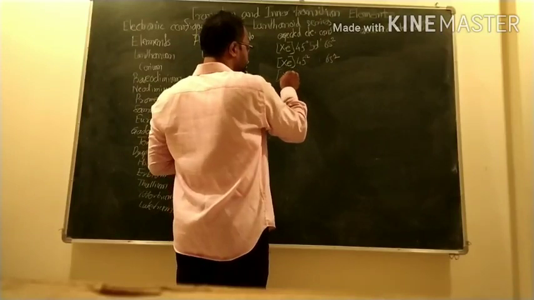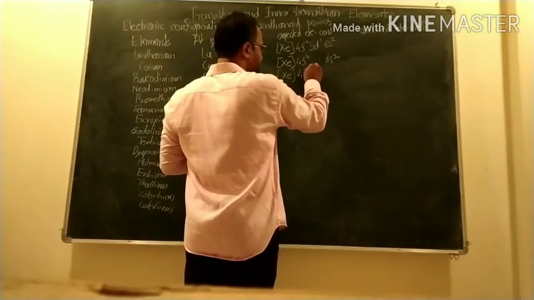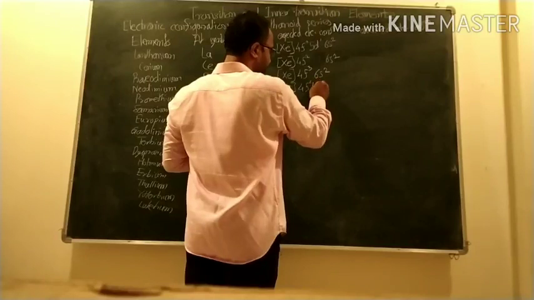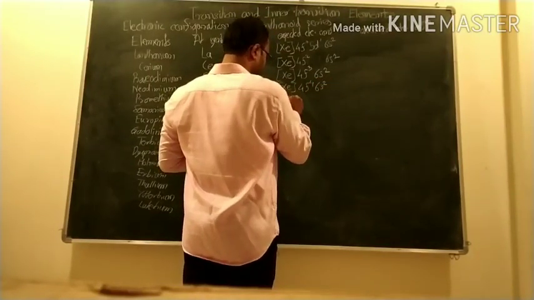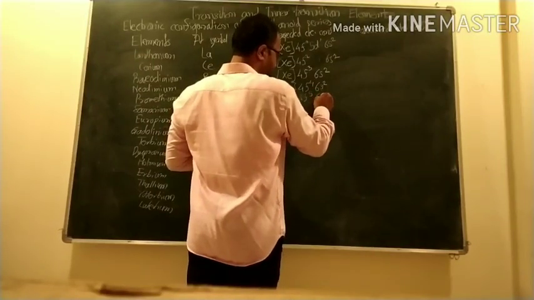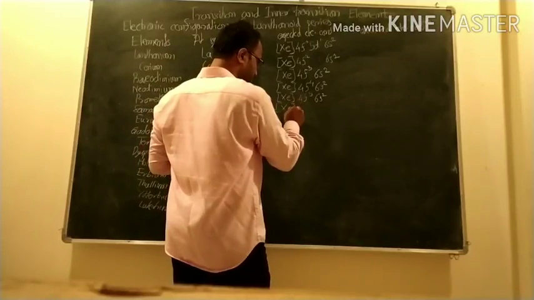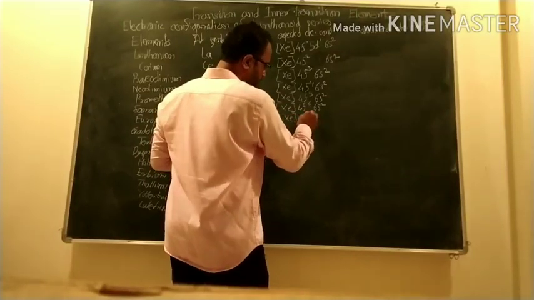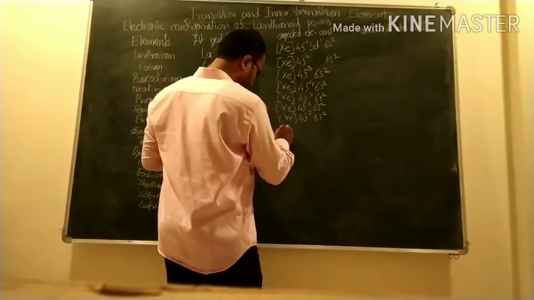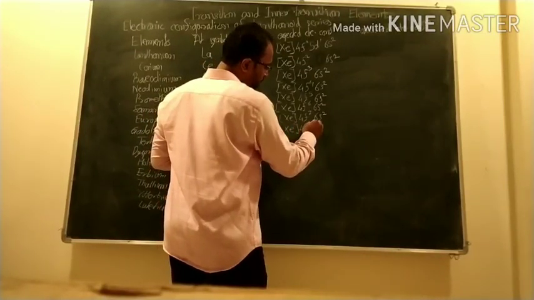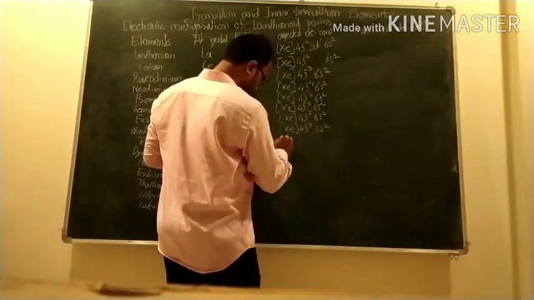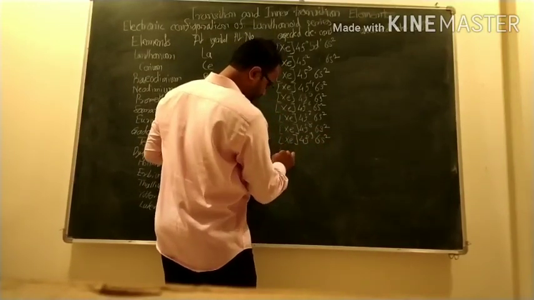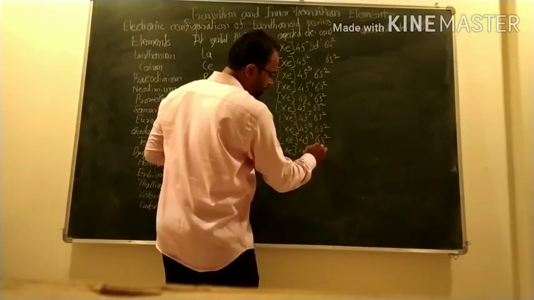Next is 4f3 6s2, 4f4 6s2, 4f5 6s2, 4f6 6s2, 4f7 6s2, 4f8 6s2, 4f9 6s2, 4f10 6s2.